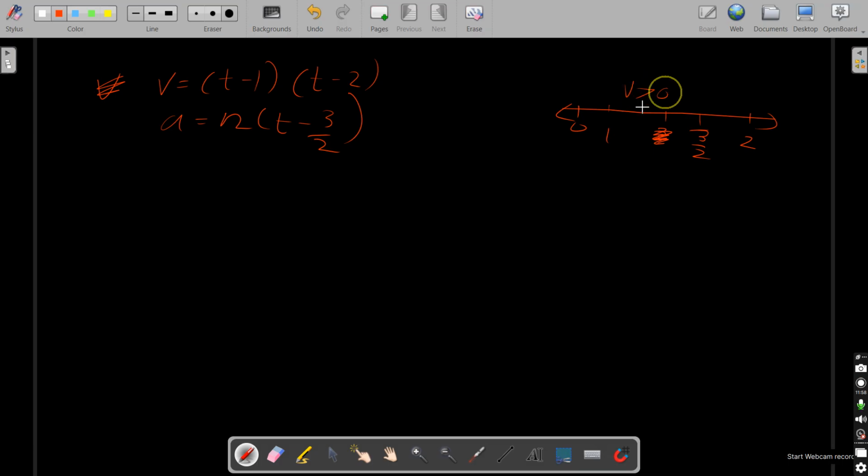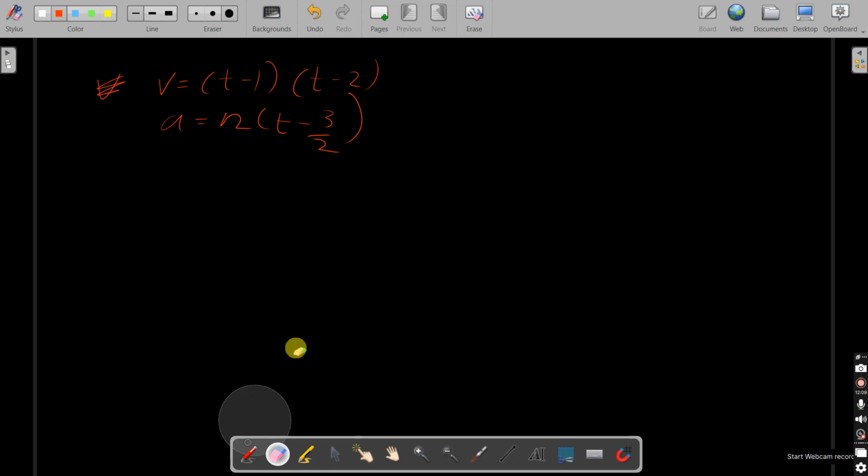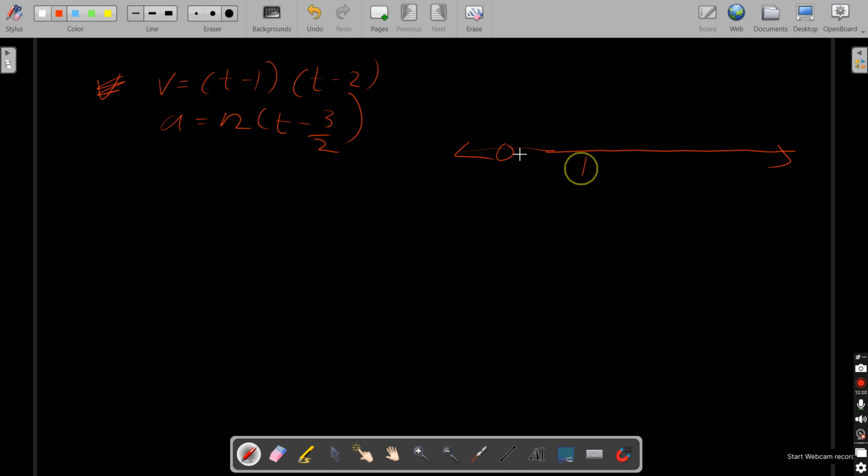Velocity will be positive if t is less than 1.